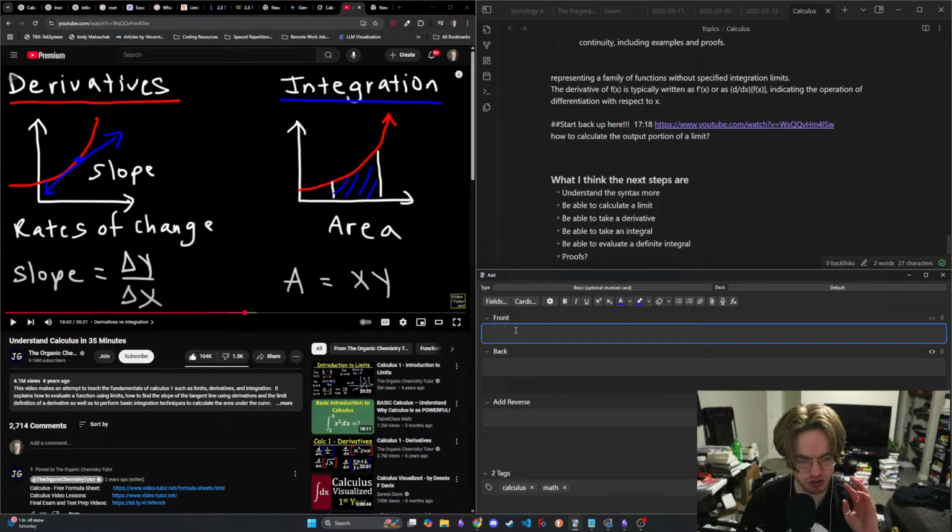Okay, so I'm going to have two questions. One will capture just the difference between slope and area. So it'll be how do slope and area relate to calculus terms like integrals and derivatives.